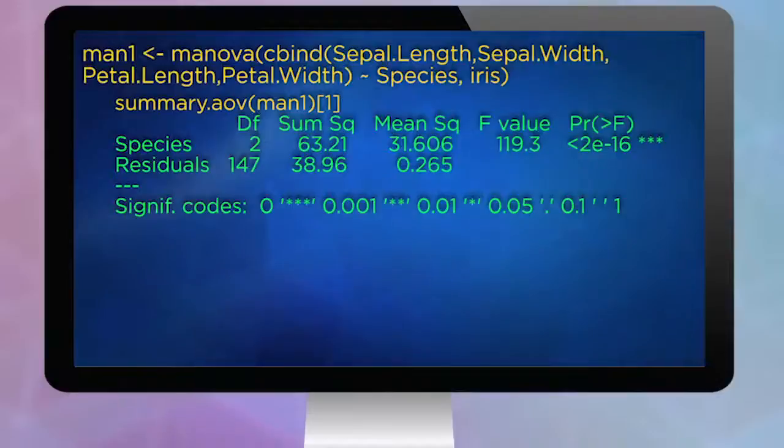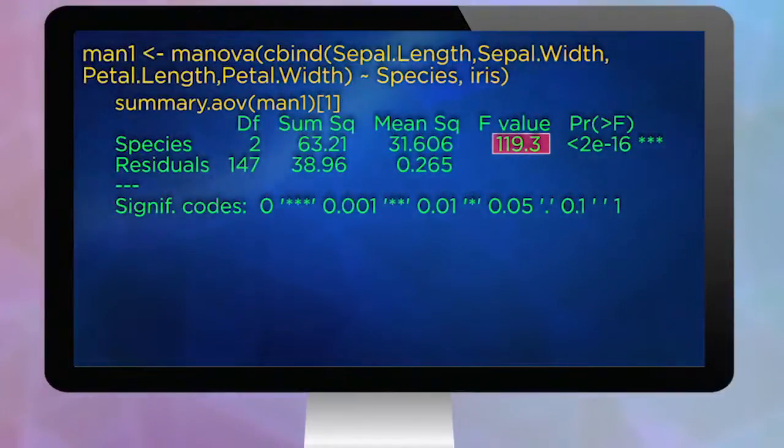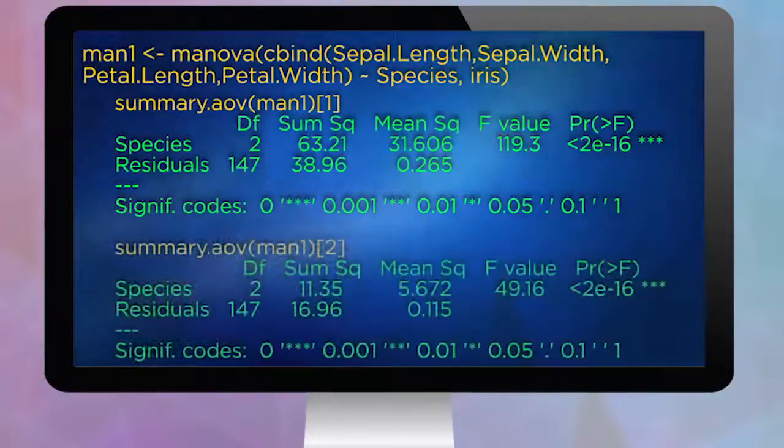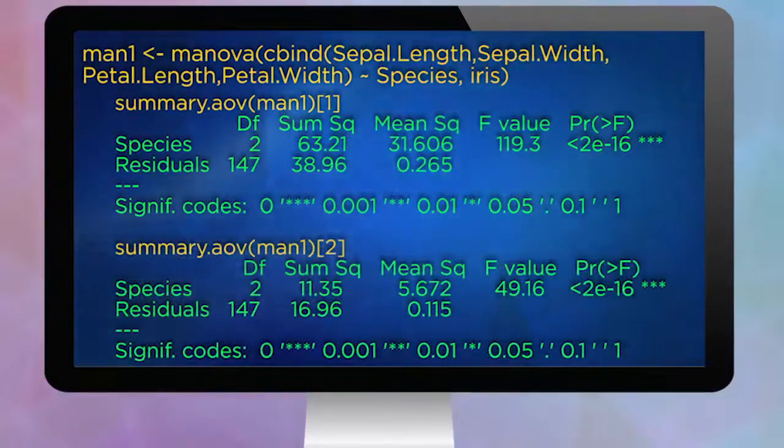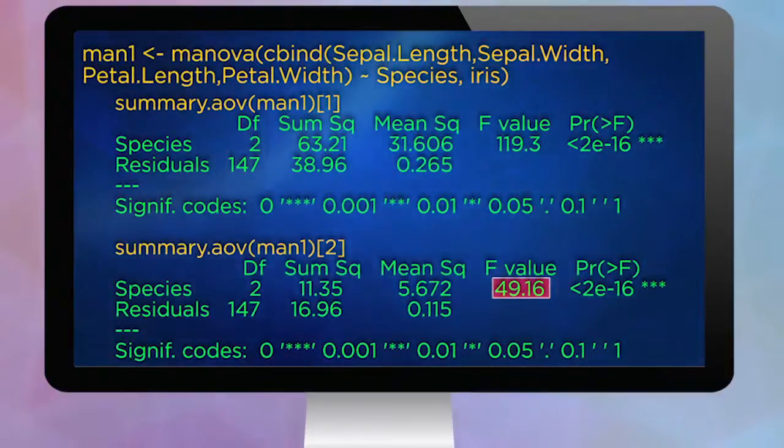But that F value is really telling you where the strongest variables are most significant. Here's the first one for sepal length. Notice we have an F value of 119.3 and is significant. Now notice what we get for sepal width. Ooh, our F value actually goes down to 49.16.